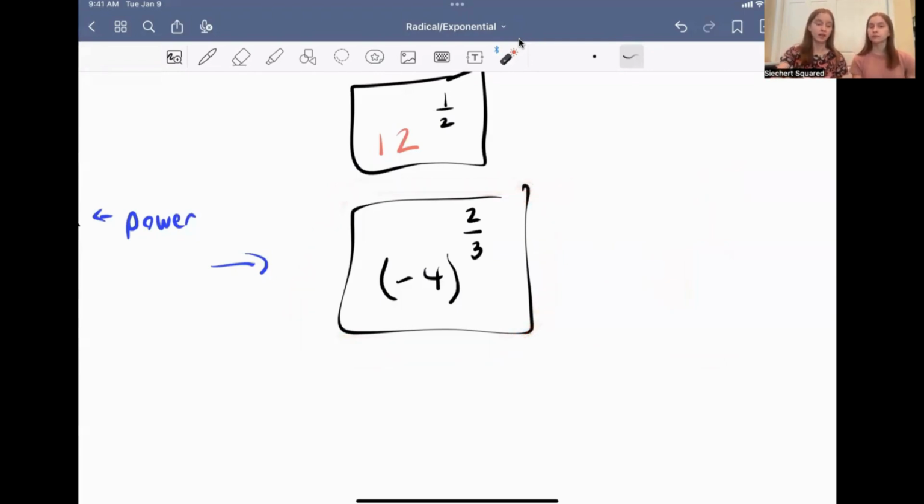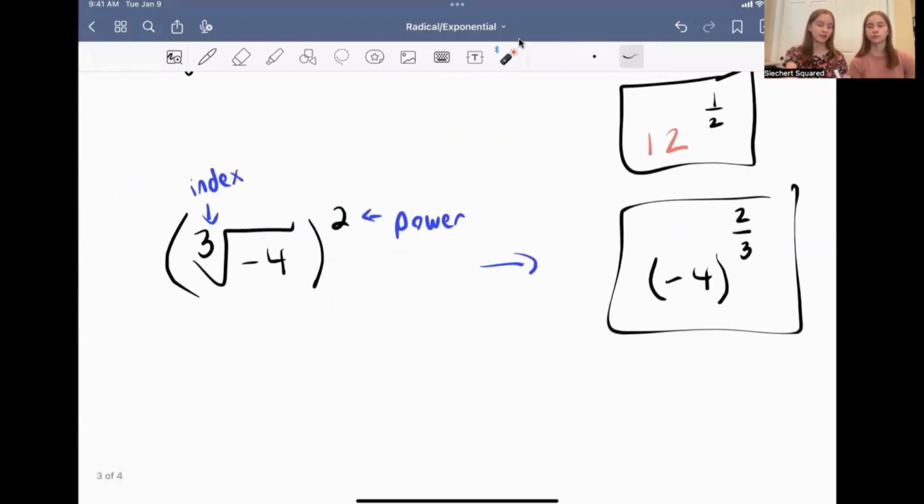If you were to write it the other way, what you are saying is that only the 4 gets that 2/3, and whatever you get from that then gets multiplied by -1. So it is different. So be careful. If there's a negative in there, then it has to stay with it. Let's say if the negative had been on the outside, then you would just tag it on to the outside after you'd have your answer. So where the negative is does matter.